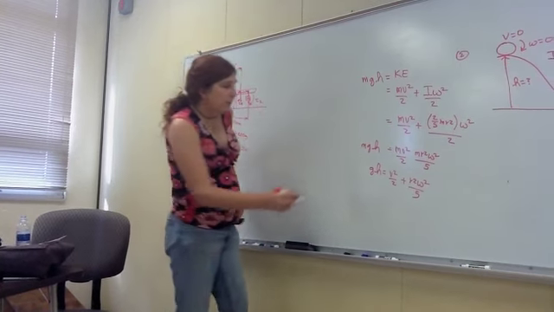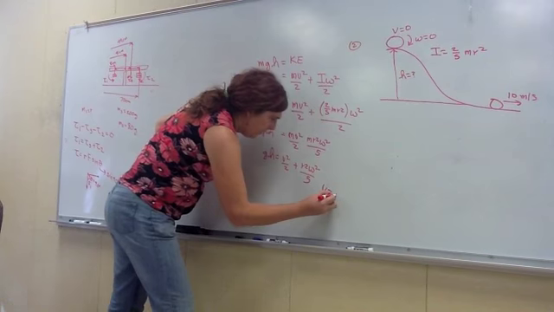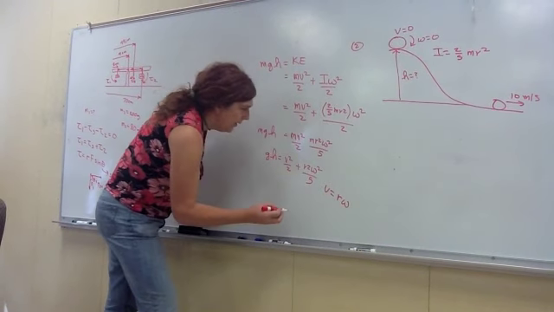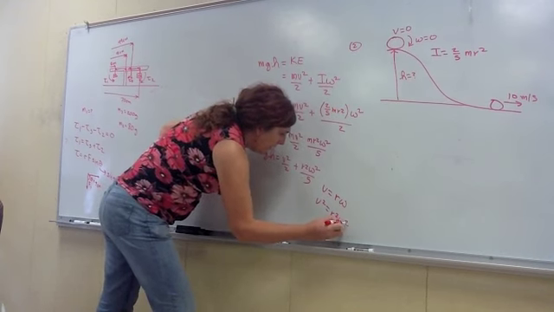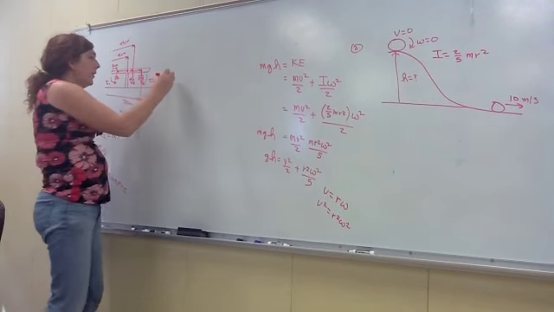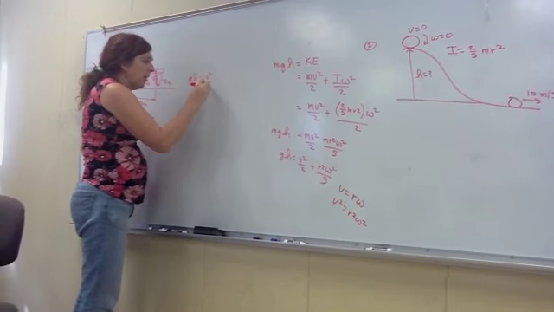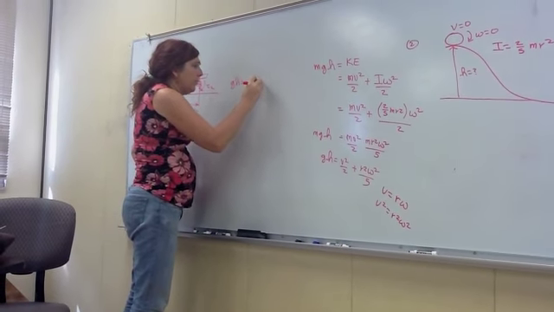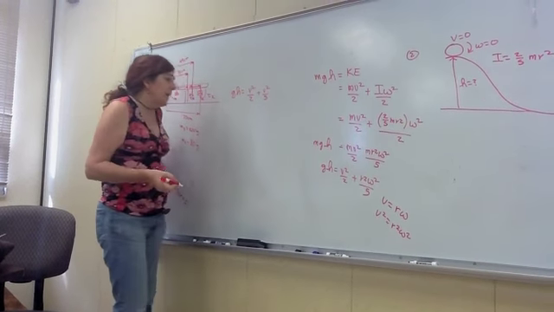Remember that there was one key result here, that V is equal to R omega. And so that means V squared is equal to R squared omega squared, and we can put that into our expression, and we end up getting everything in terms of V squared. We have V squared over 2 plus V squared over 5, and we know what V is.